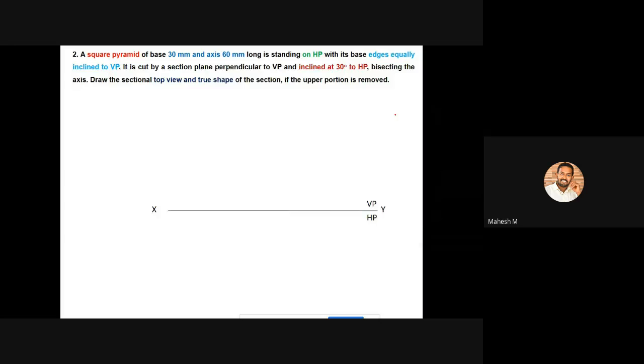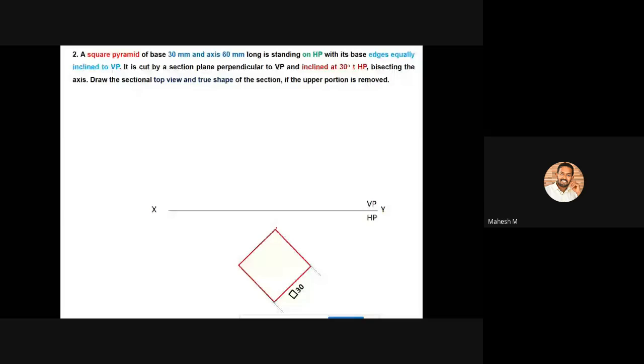You have to create your square with an angle of 45 degrees, so the square is inclined at an angle with the VP, in the top view position. Here it is not directly mentioned that the angle is 45, but they have clearly mentioned that it is equally inclined. If it is equally inclined, you compulsorily have to create it with an angle of 45 degrees.